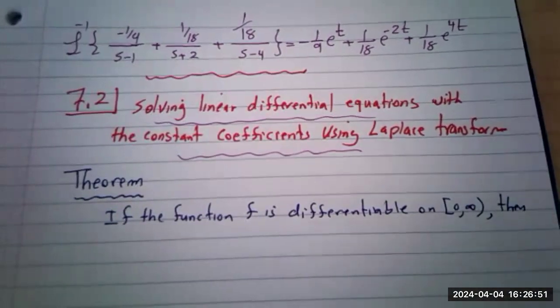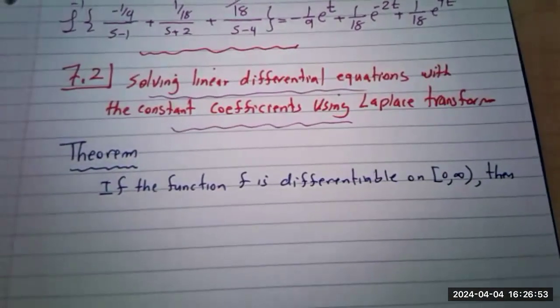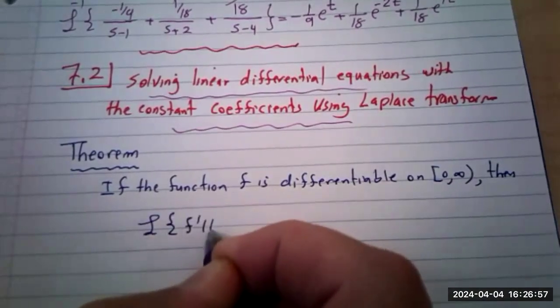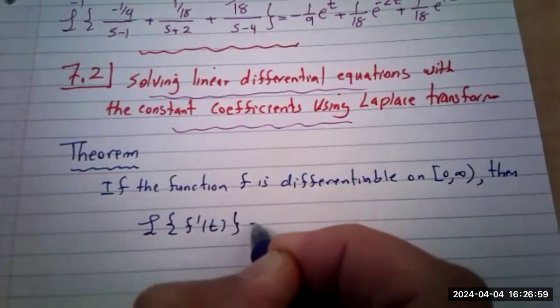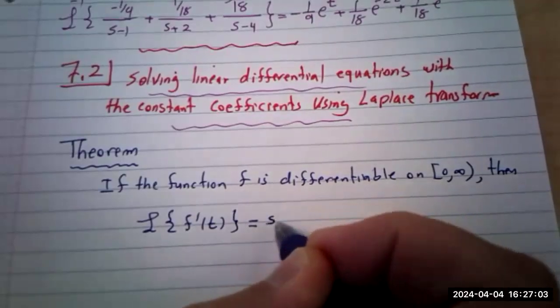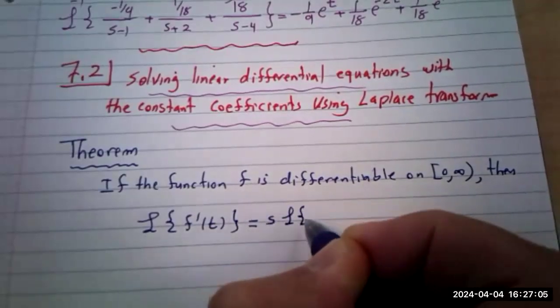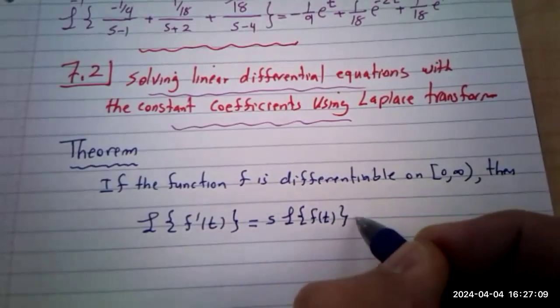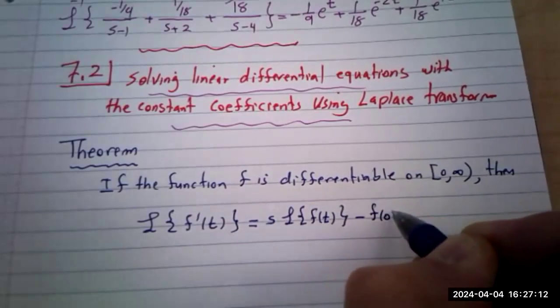Look at this one, the Laplace of the derivative of this function. Laplace of f prime of t is equal to s times the Laplace of f of t minus f of 0. That's it.